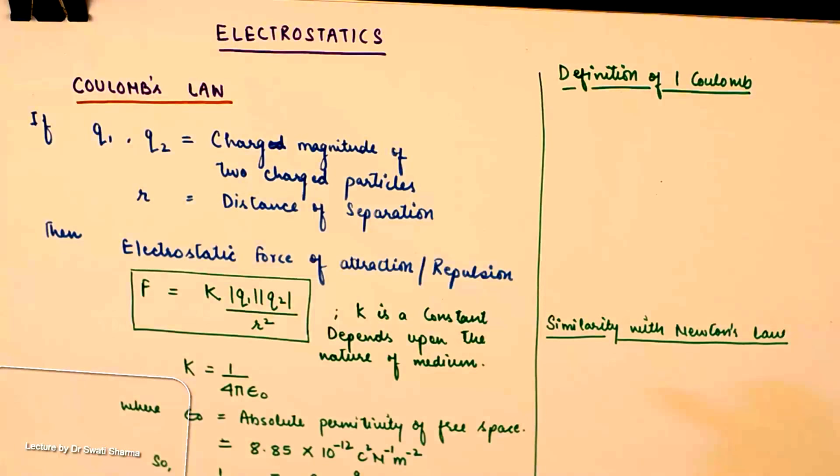To start with, we must understand what is electric charge. Because electrostatics is nothing without a charge. Electric charge is an intrinsic characteristic of the fundamental particles which make up objects.